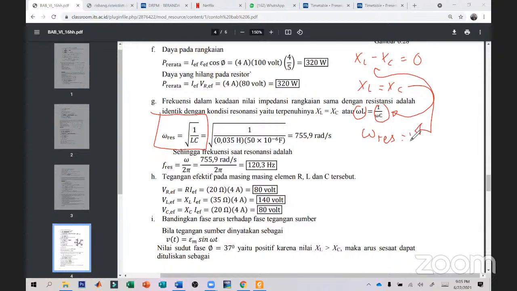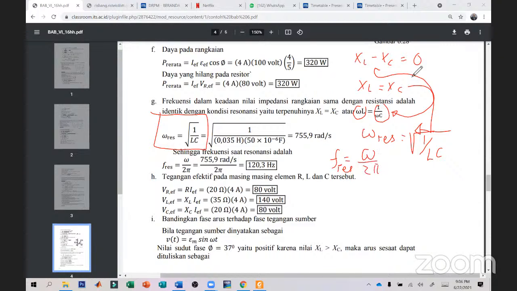We have omega equals the square root of 1 over LC. That is the angular frequency, and then the resonance frequency is omega over 2 pi.